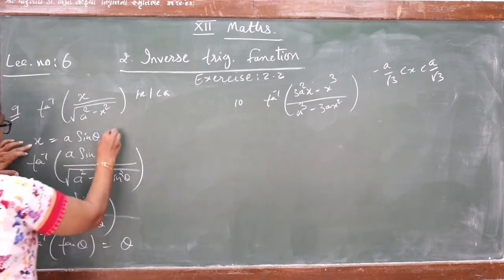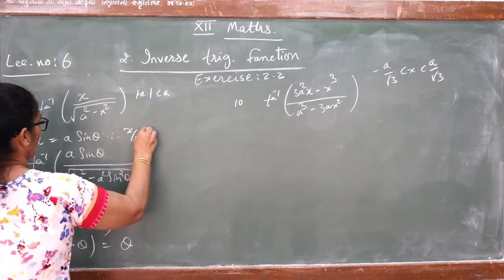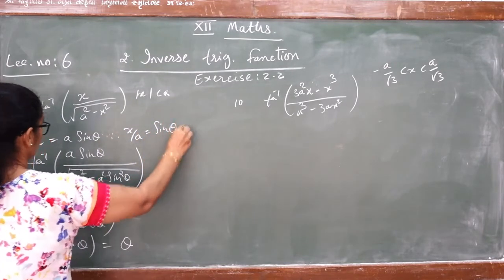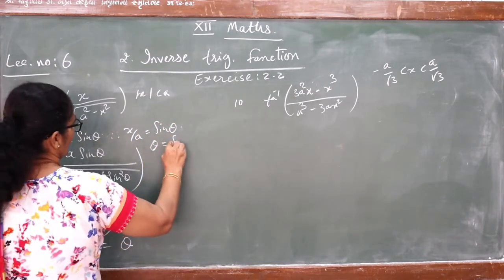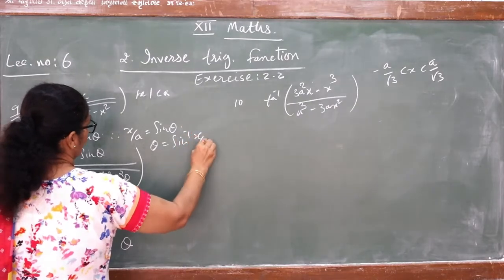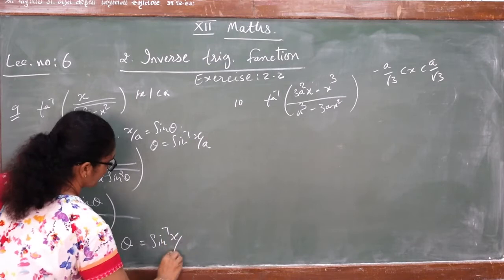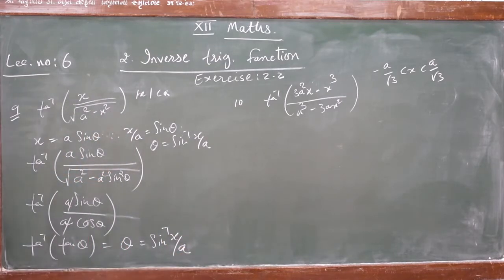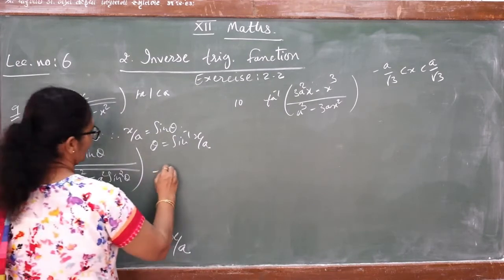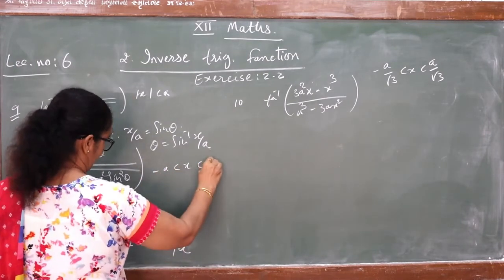Now we have to convert: x upon a equals sin theta. So what is theta? Sin inverse x upon a. So we are getting sin inverse x upon a. This is your answer. Now you have to check your interval. How can you check? Minus a less than x less than a.